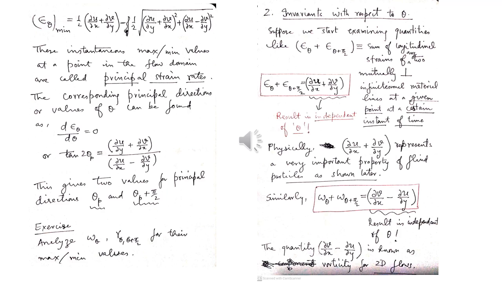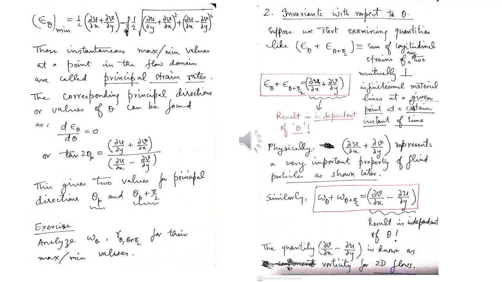That gives you local maxima minima points. So if you do that for the longitudinal strain rate expression, we will simply get the principal directions given by the angle theta p as tan 2 theta p is equal to del u del y plus del v del x divided by del u del x minus del v del y.